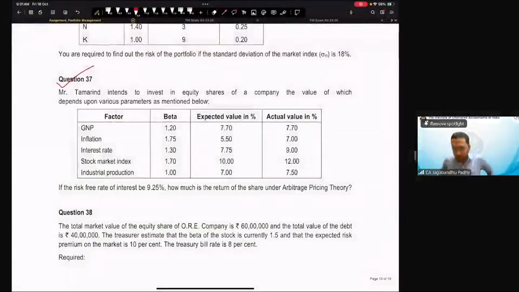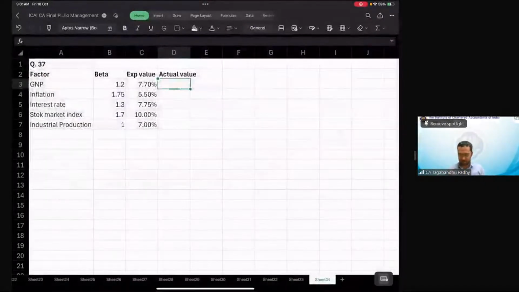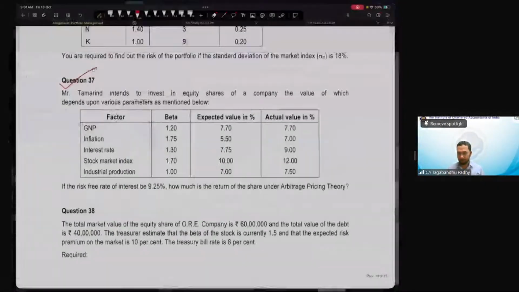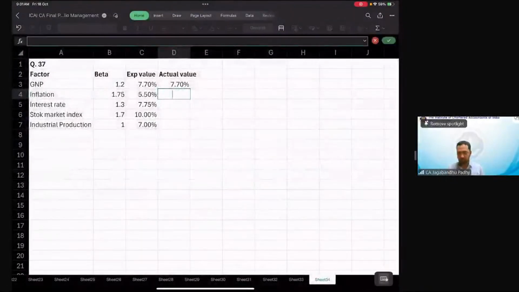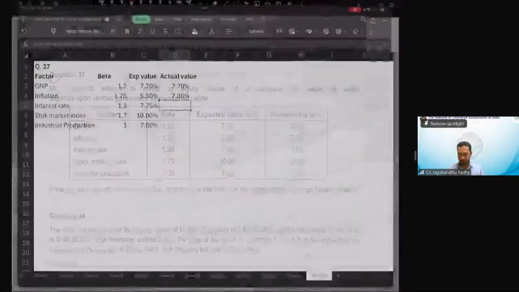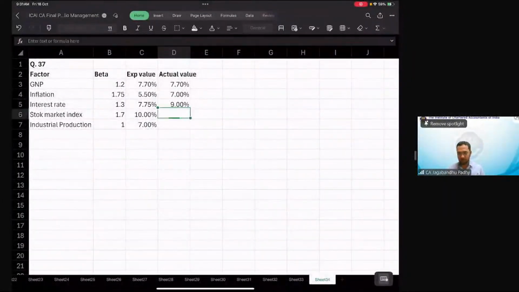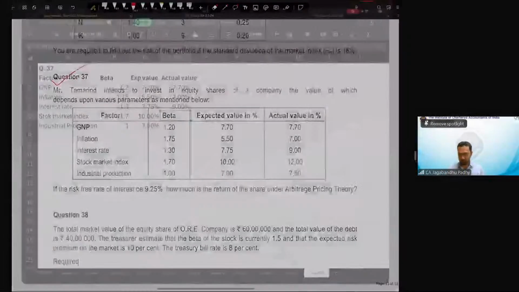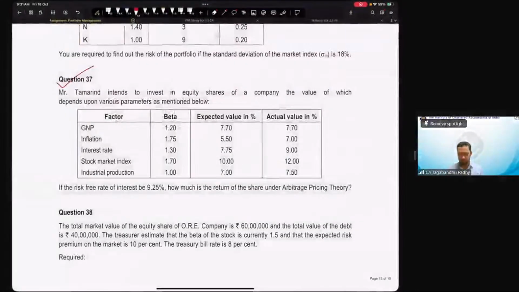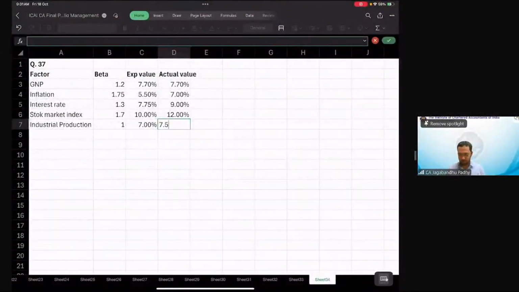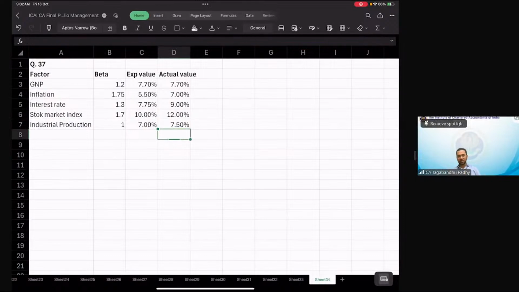The actual values are 7.7%, then 7%, 9%, 12%, and 7.50%. So these are the expected values and actual values.